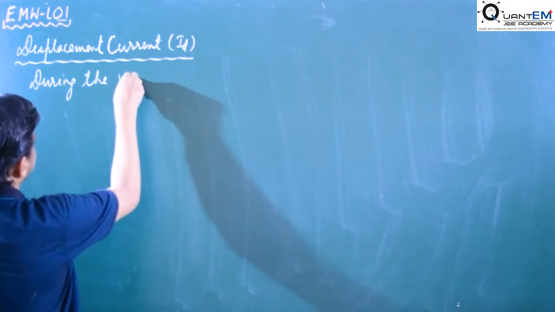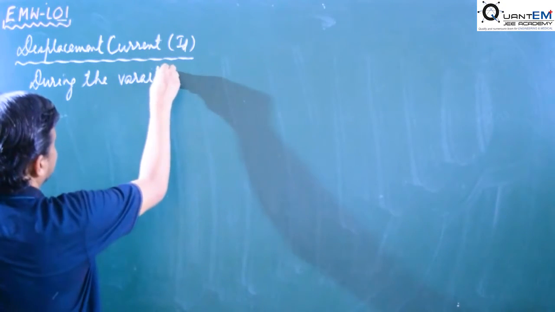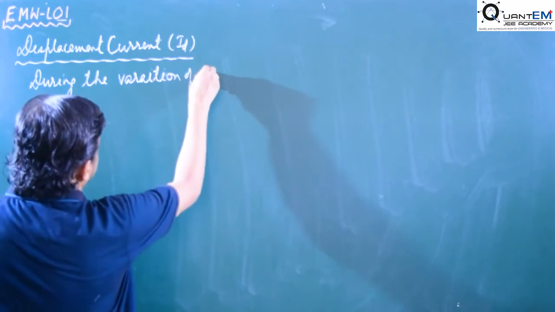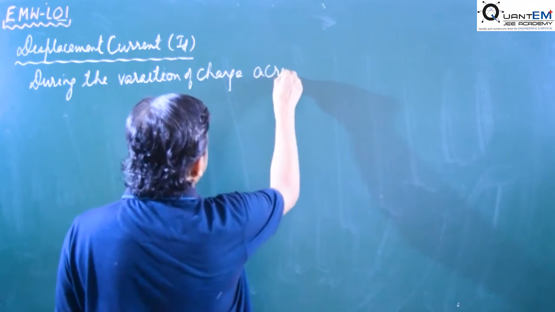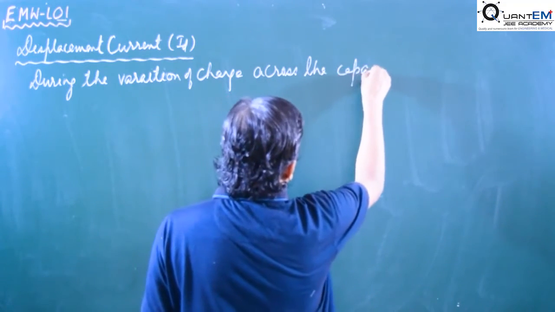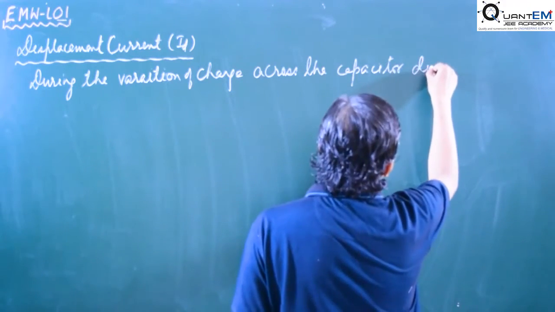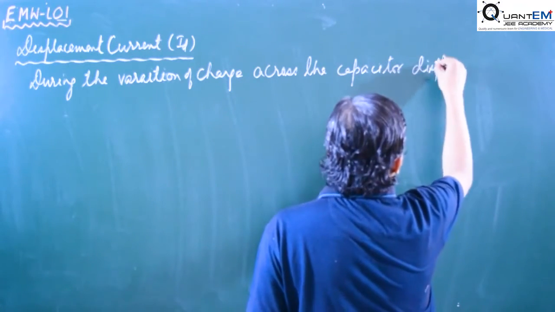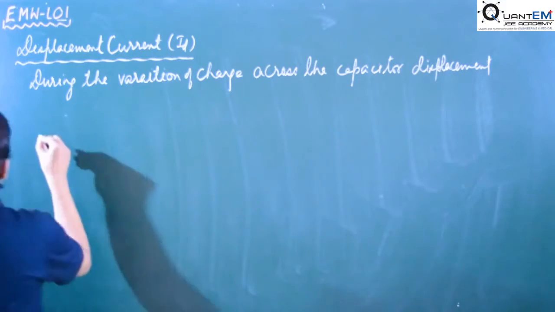So say during the variation of charge across the capacitor, displacement current is produced.